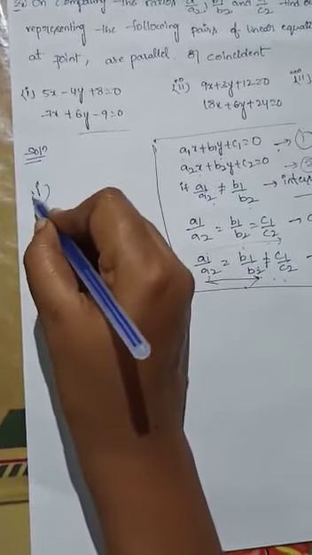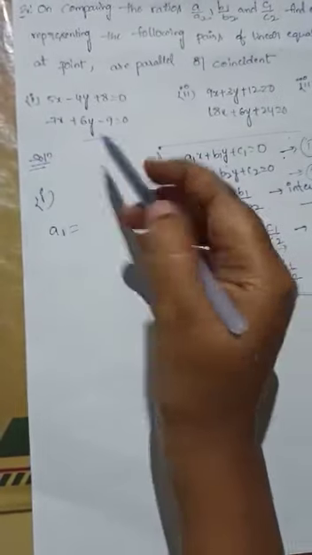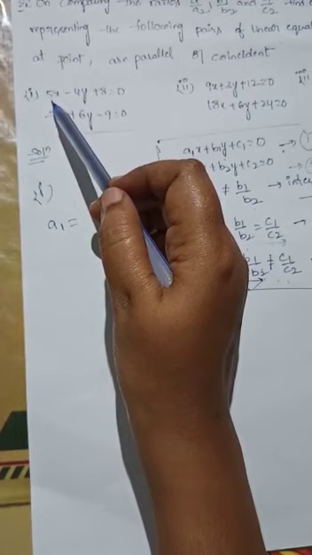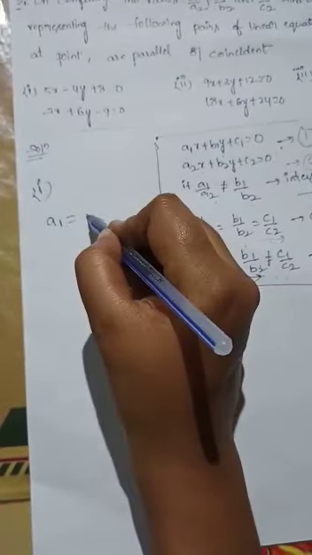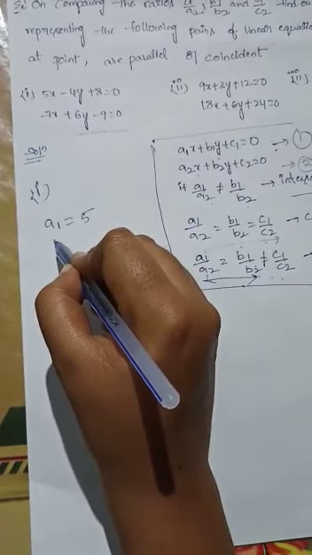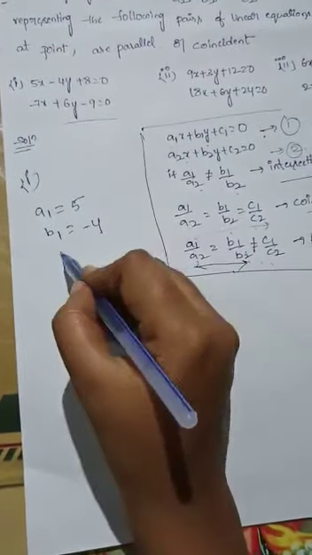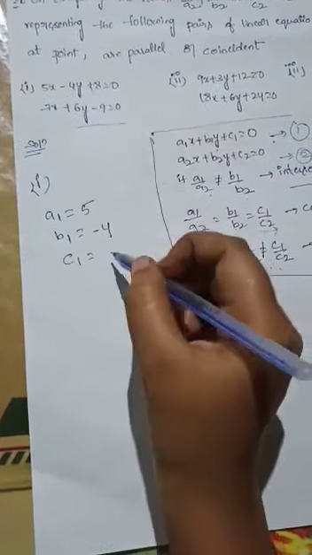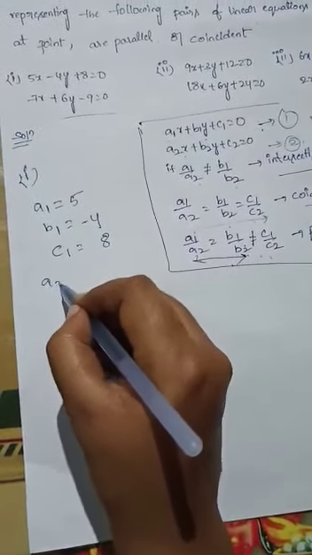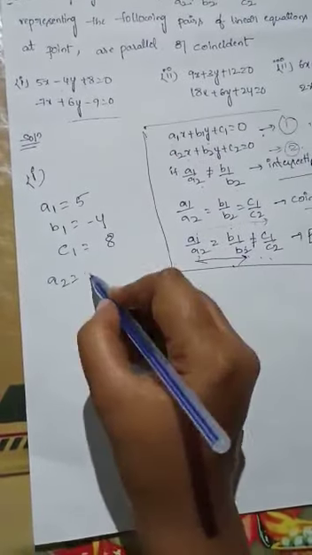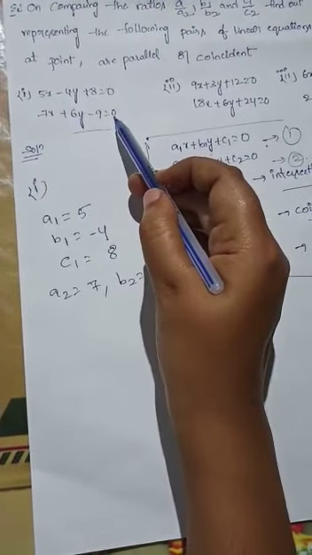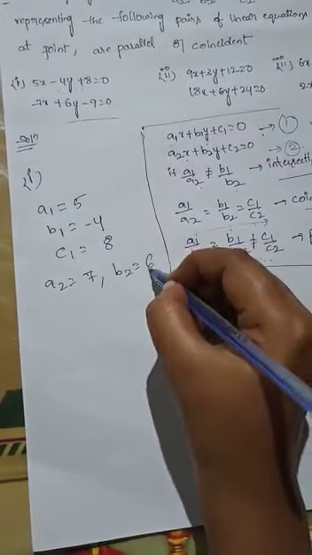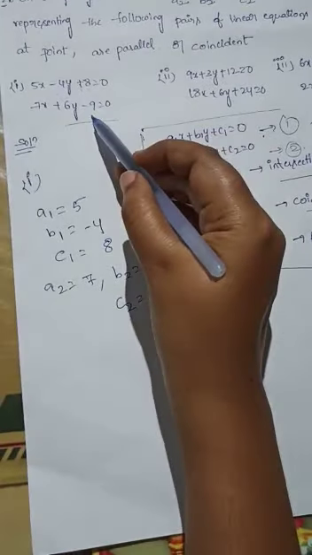Here a1 is the x coefficient in equation 1, which is 5. b1 is the y coefficient, minus 4. c1 in equation 1 is 8. a2 is the x coefficient in equation 2, which is 7, b2 is the y coefficient in equation 2, which is 6, and c2 is minus 9.